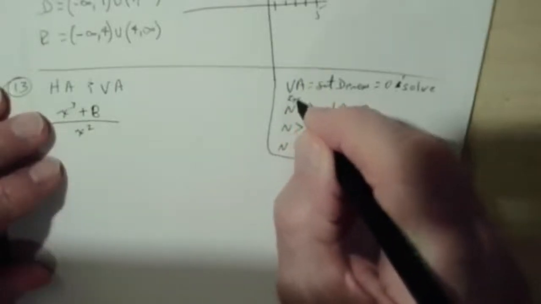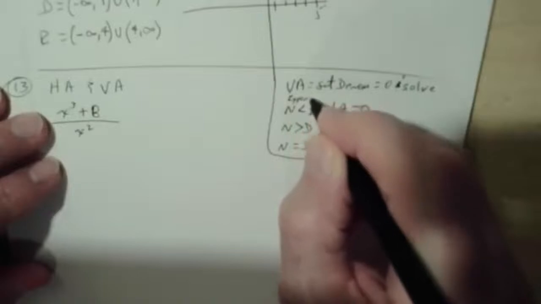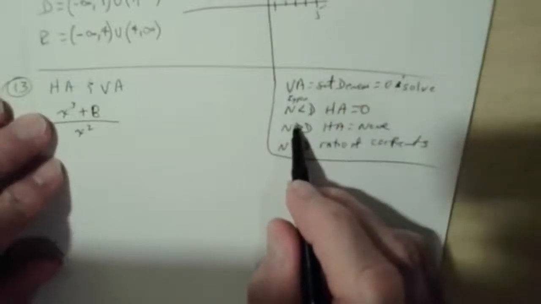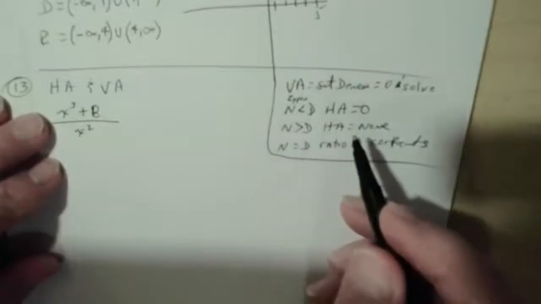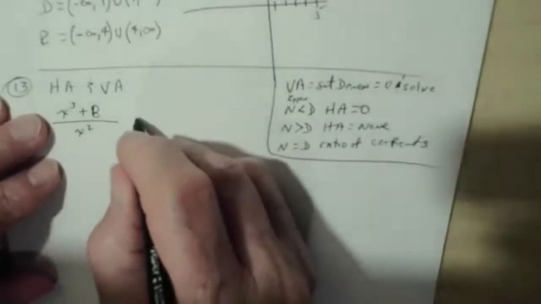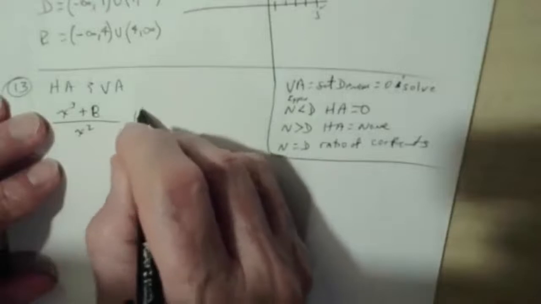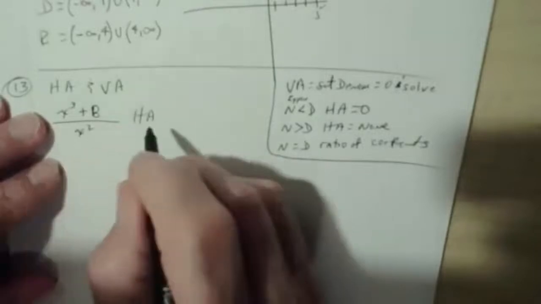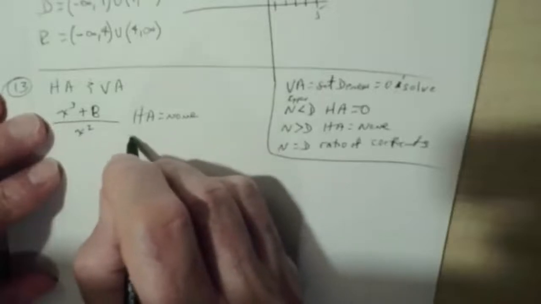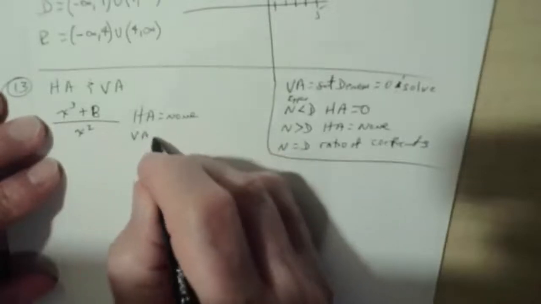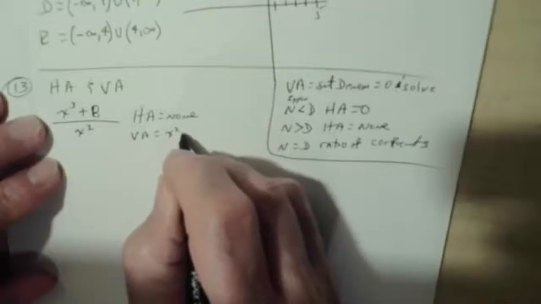The numerator's exponent is greater than the denominator's, so the horizontal asymptote is none. The vertical asymptote is x squared equals 0. Take the square root of it, so the vertical asymptote is 0.